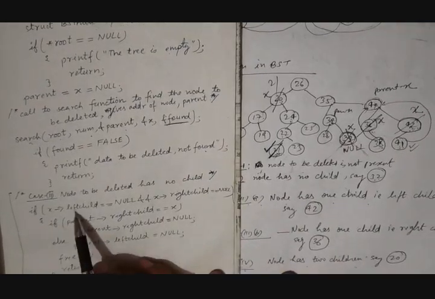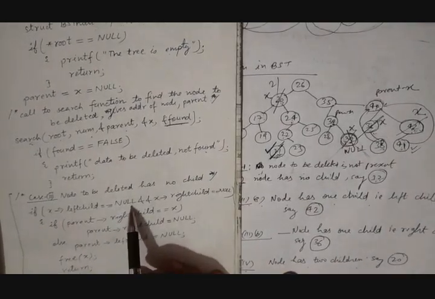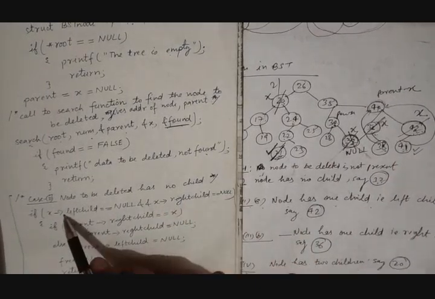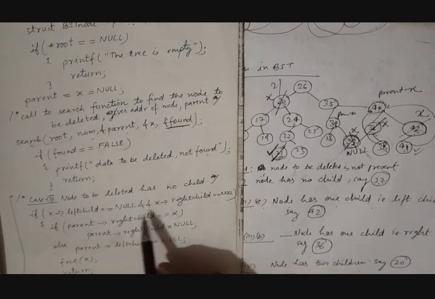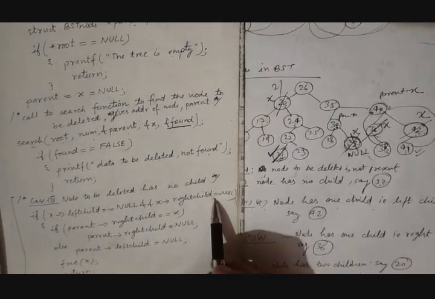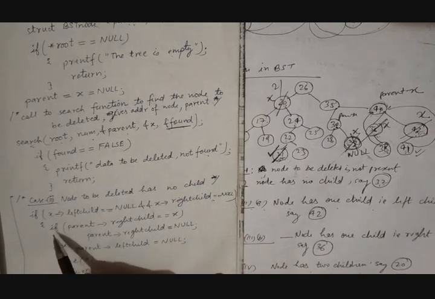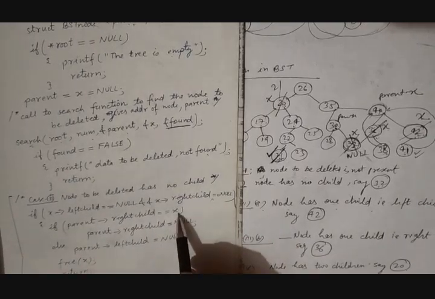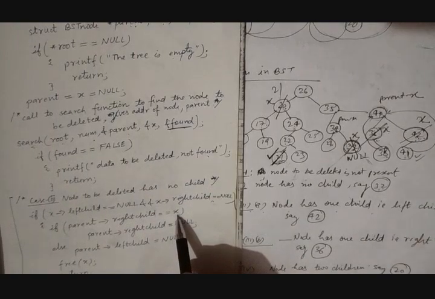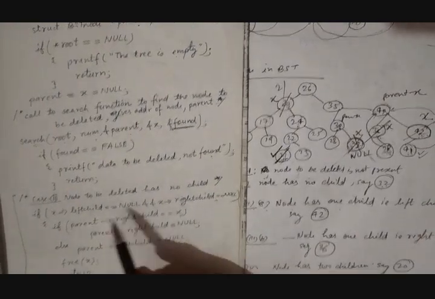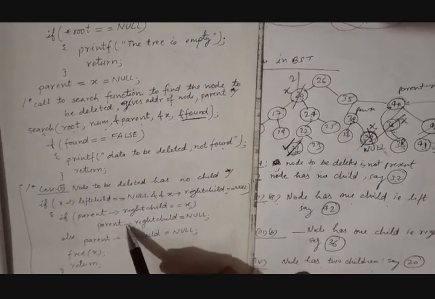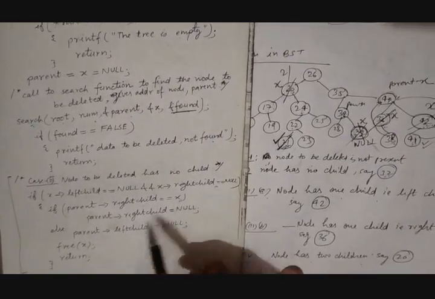So here just see, if X left child is equal to null and X right child is equal to null, this is the second case. If both the left child and right child are null, it means the node does not have any child nodes. Then if the right child of the parent is equal to X, if X, the node which we want to delete, is the right child of its parent, definitely what will happen? We have to set null for that case also.